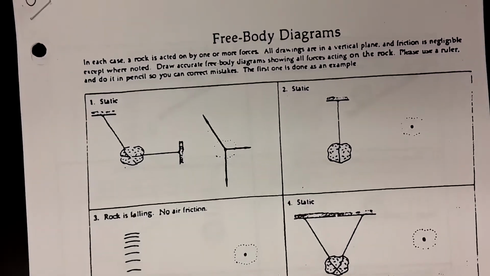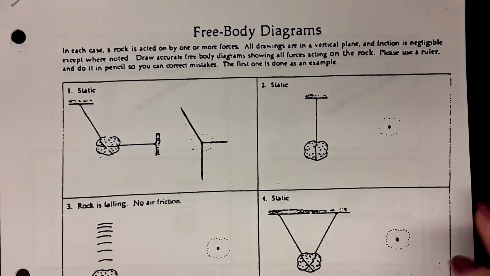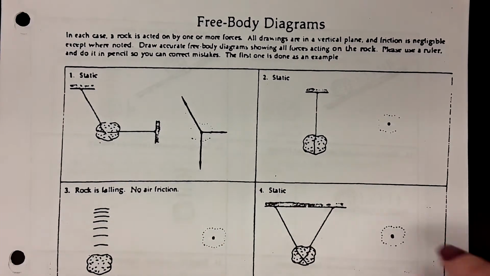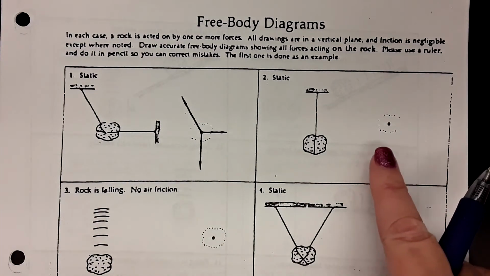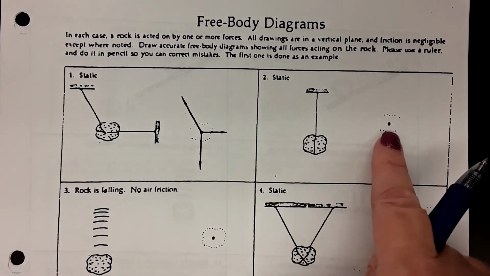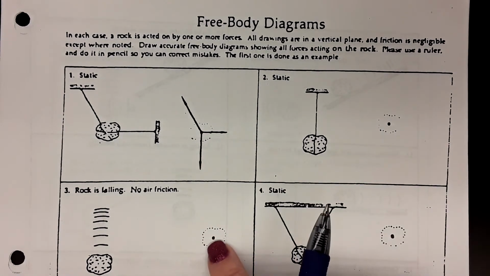So this is the front page of the assignment that you're going to be working on with free body diagrams. I call it a day in the life of a physics rock, because the majority of these on the first few pages show a rock in some kind of physical situation, and you're going to be drawing a free body diagram on the outline of the rock that's right next to it in the square.